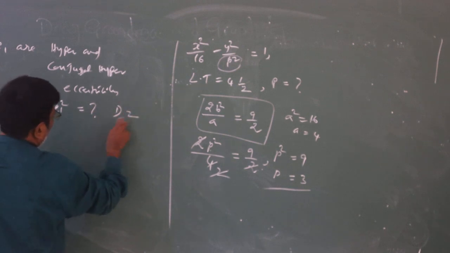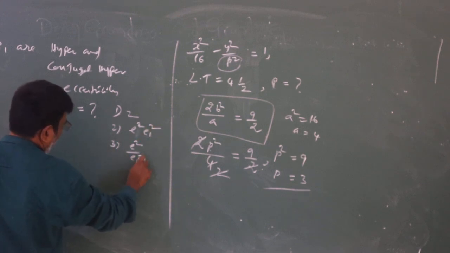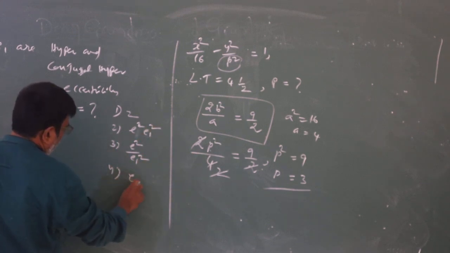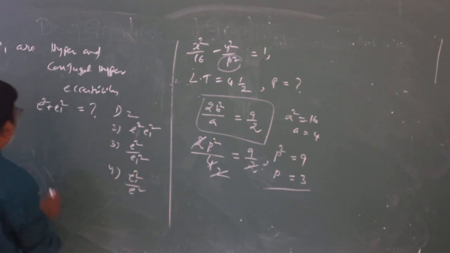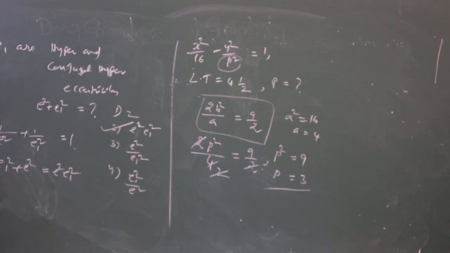First option 2, second e square e1 square, third e square by e1 square, fourth e1 square by e square. The formula is 1 by e square plus 1 by e1 square equals 1. For a hyperbola and its conjugate, e1 square plus e square equals e square into e1 square. Very simple question.